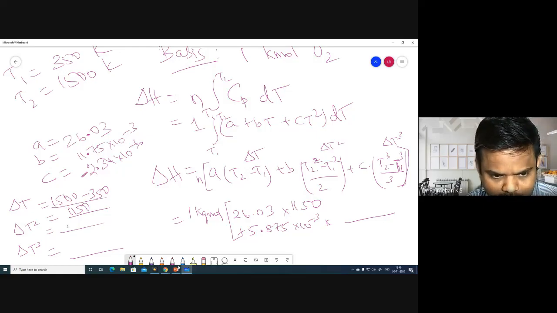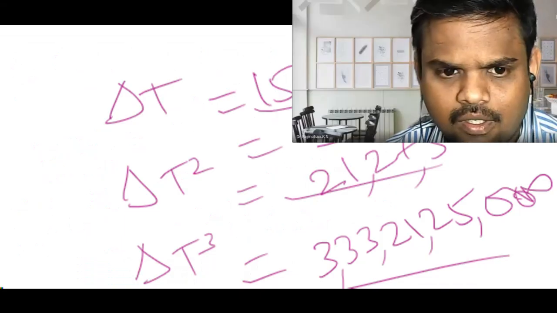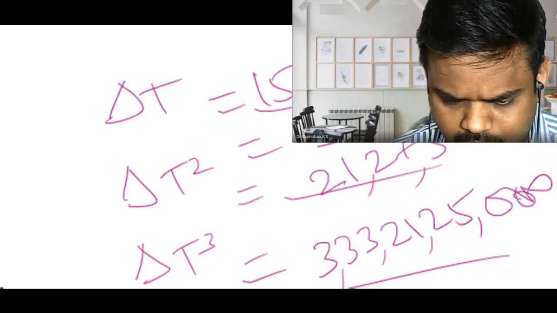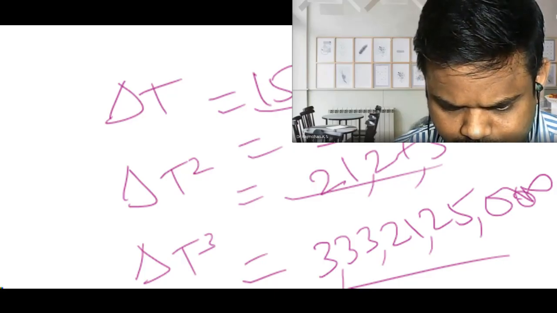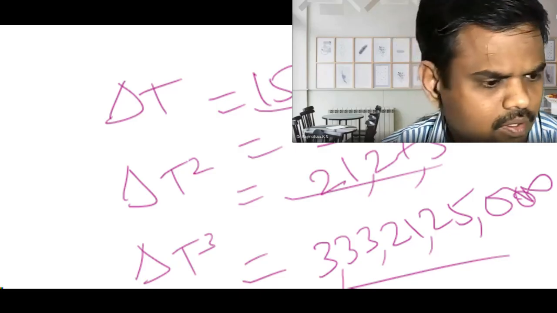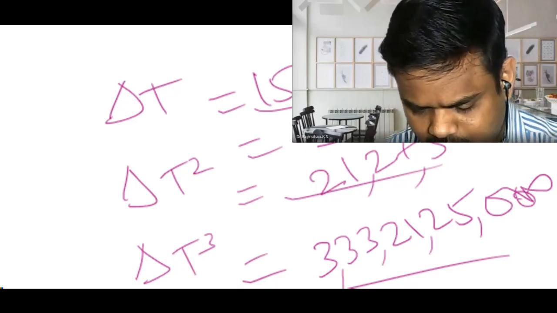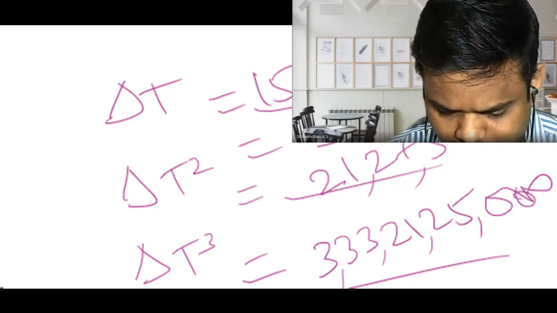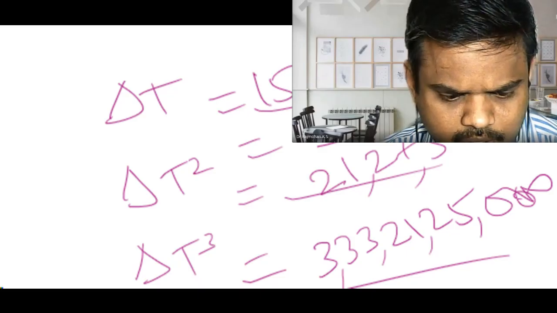How much? 2,127,500. So similarly, if we calculate the value for T cube, what is T cube? 1500 power 3 minus 350 power 3 is equal to some big number, 3332125.